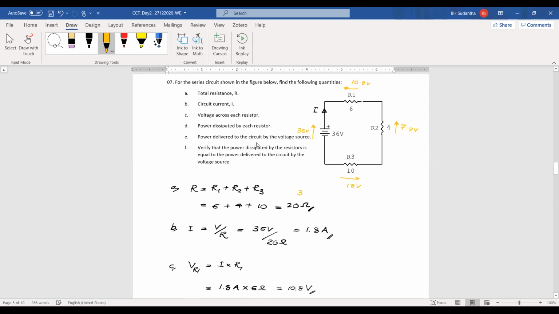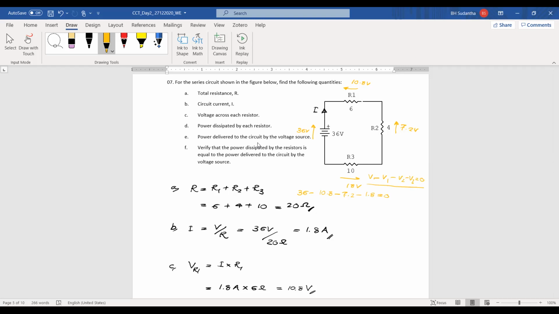36 volts minus 10.8 minus 7.2 minus 18. That is true, because V minus V1 minus V2 minus V3 is 0. It should be 0. This is the Kirchhoff voltage law; the theorem says this.